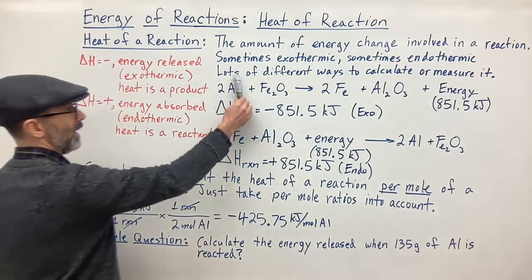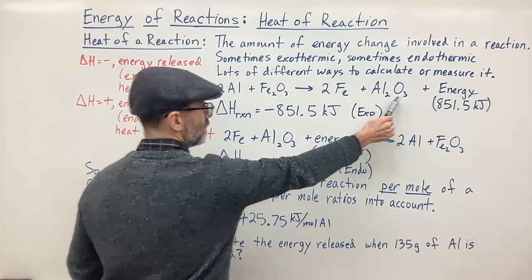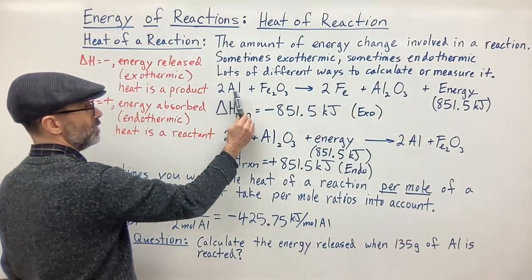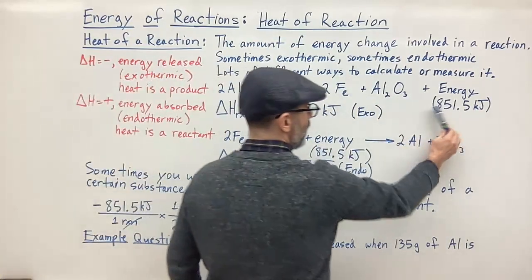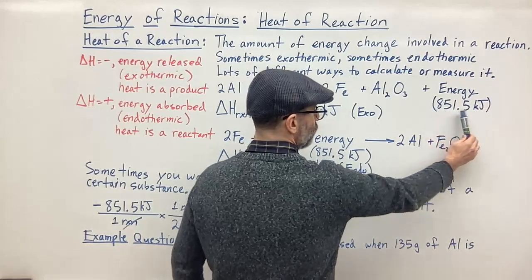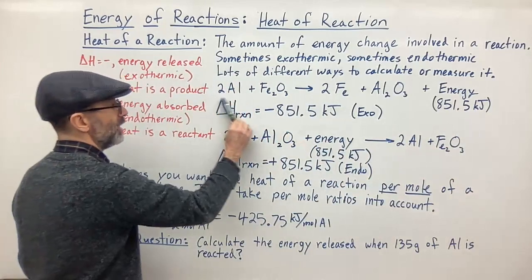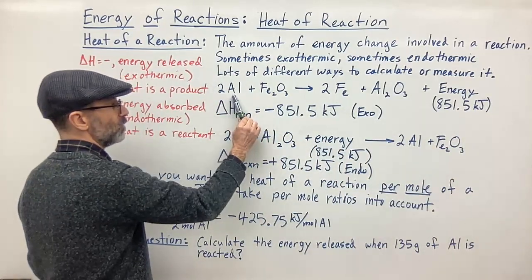We know that for this reaction, it's a balanced equation. We have 2 moles here. So for this reaction involving 851.5 kilojoules of energy released, that took 2 moles of aluminum.